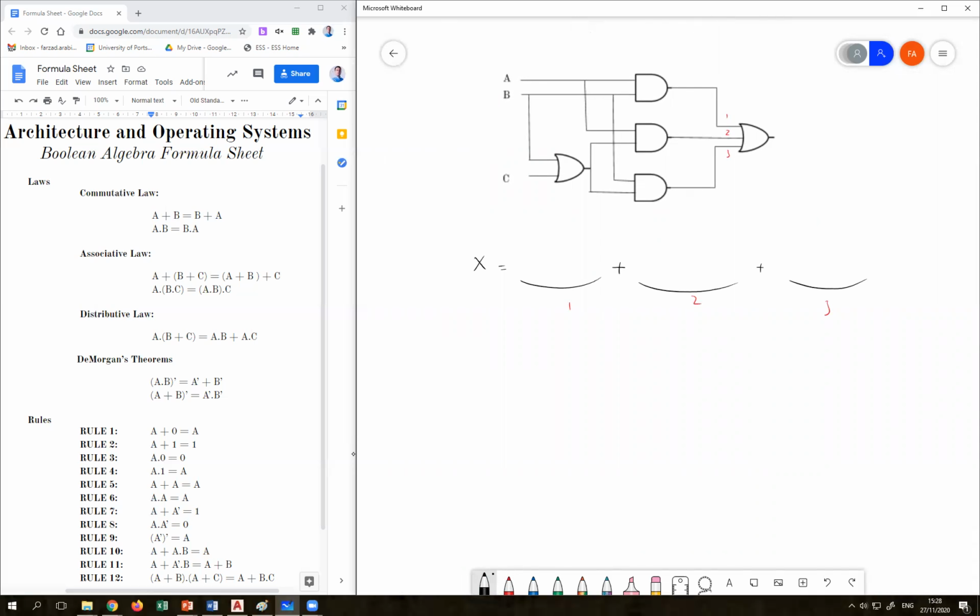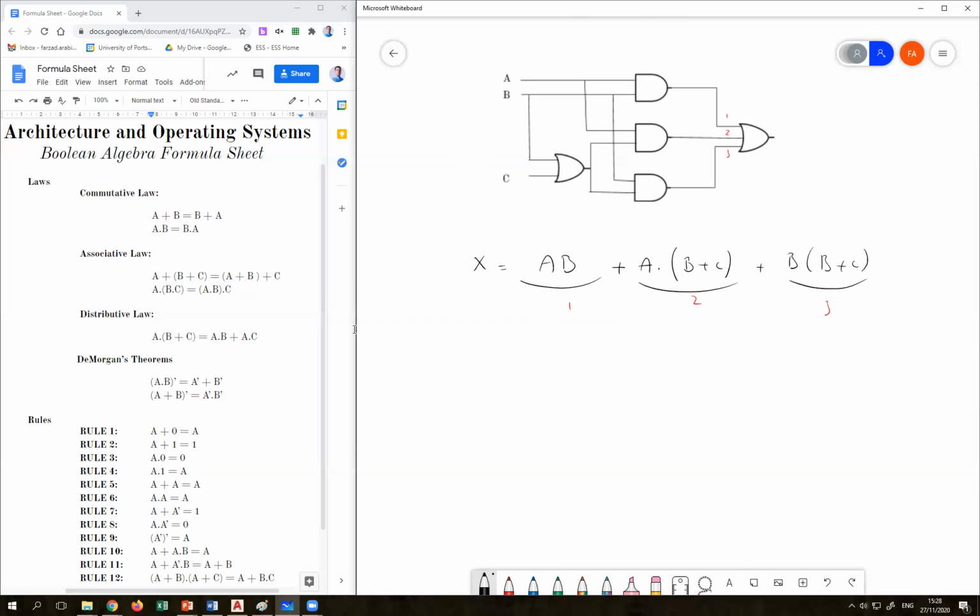1 is an AND gate between A and B. 2 is an AND gate: one input is A, and the other one is an OR gate between B and C. And the third one is again B or C, going into an AND gate with B. In this way, I could translate this circuit to a Boolean expression.